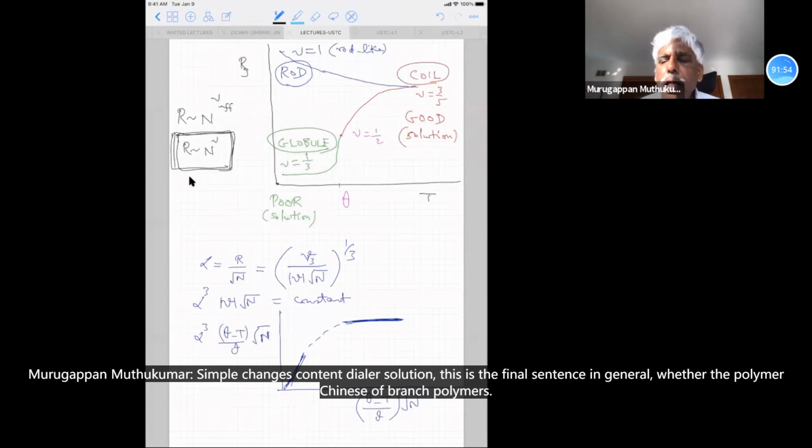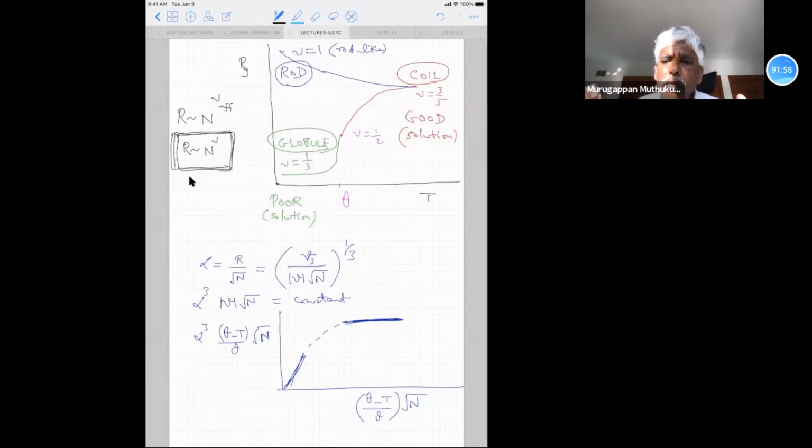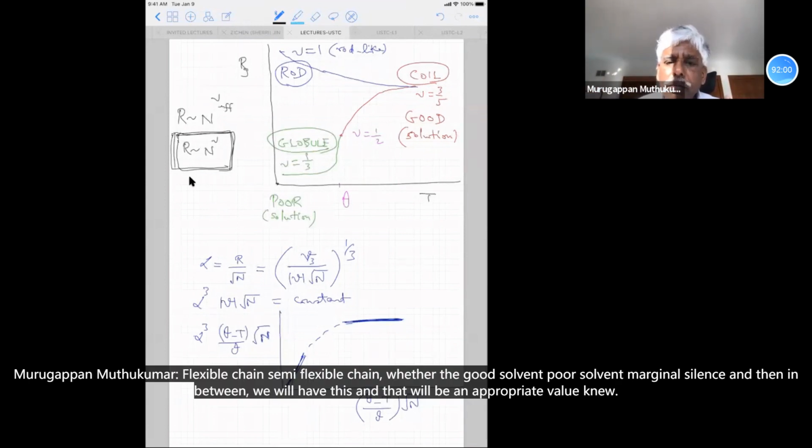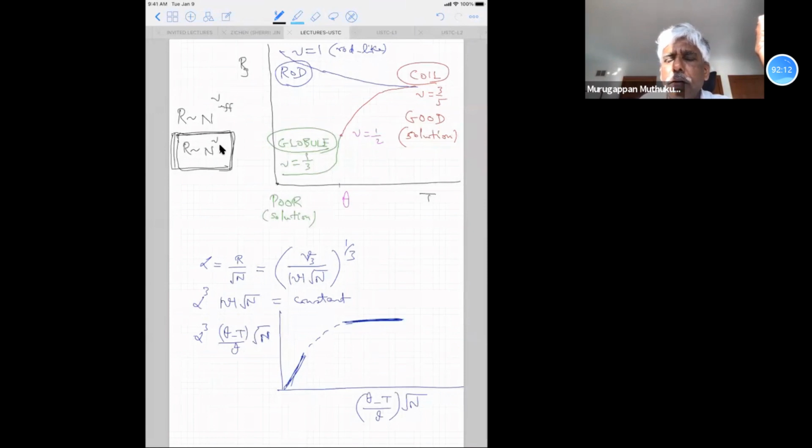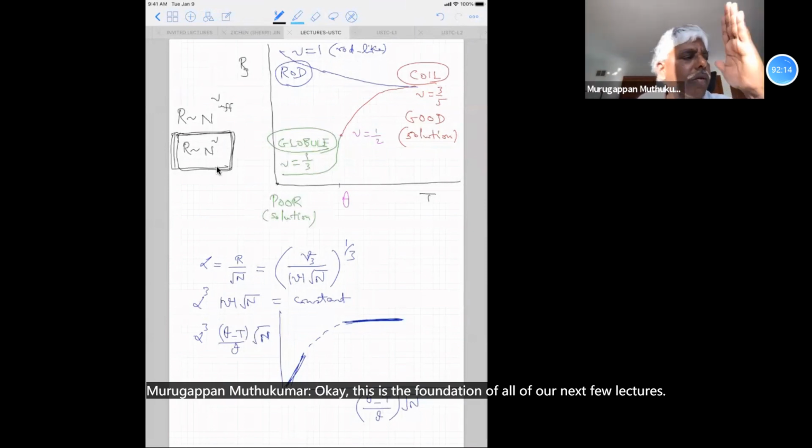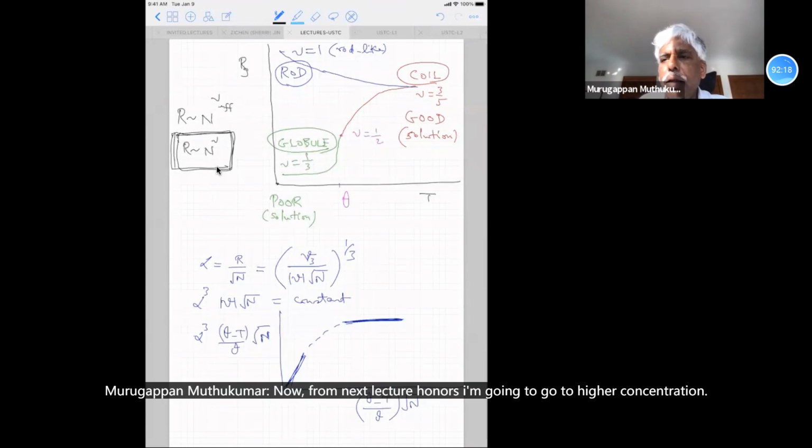In general, whether the polymer chain is a branched polymer, a flexible chain, a semi-flexible chain, whether it's a good solvent, poor solvent, marginal solvent, somewhere in between, we will have this, and there will be an appropriate value of nu. Okay. This is the foundation of all our next lectures. Now, from next lecture onwards, I'm going to go to higher concentration.